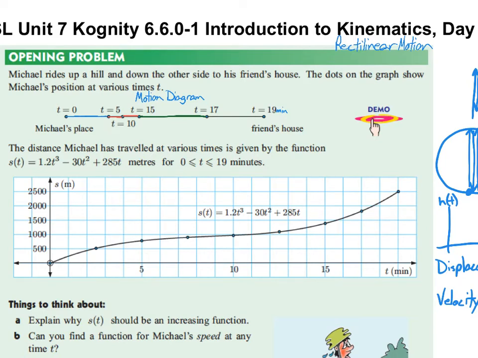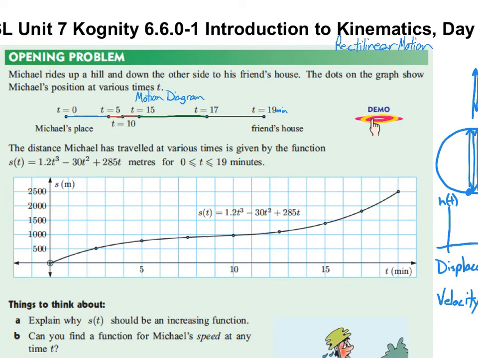Now, notice here what S is representing. S is the distance away from his house. Okay? Now, in this case, we are able to use distance and displacement synonymously. Okay? And there's actually the first question at the bottom, or the first part at the bottom says, explain why S of t should be an increasing function.